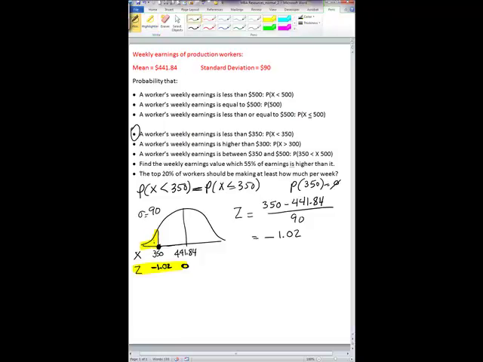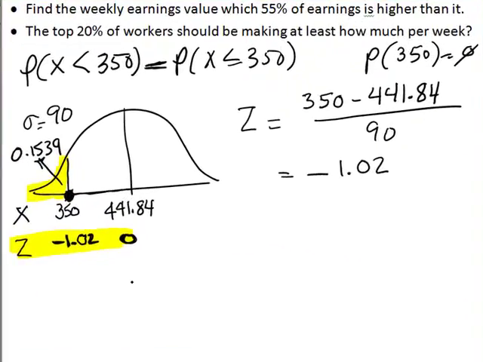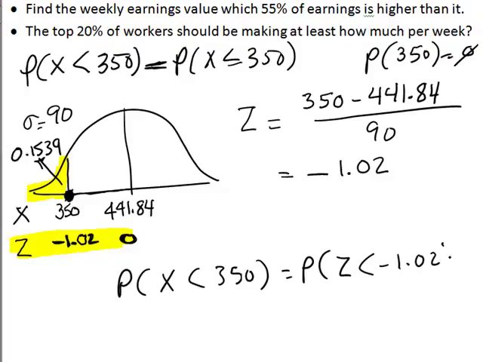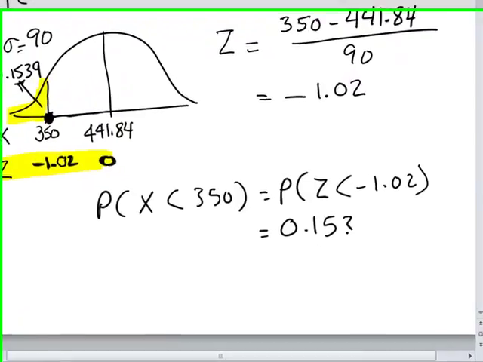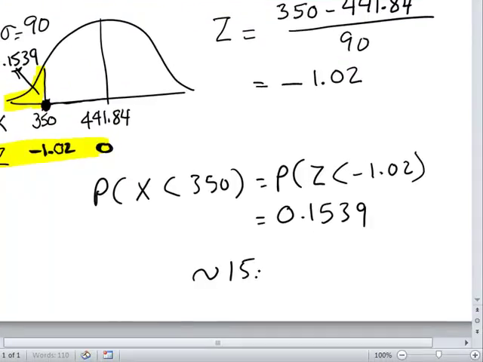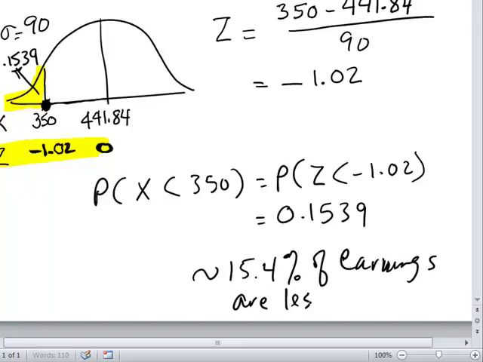And there I have my answer, 0.1539. So the probability that x is less than 350 is equal to the probability that z is less than negative 1.02, which is equal to 0.1539, or approximately 15.4% of weekly earnings are less than $350.